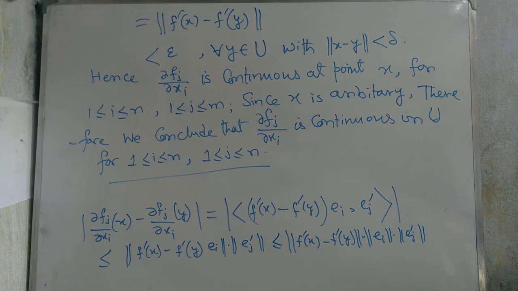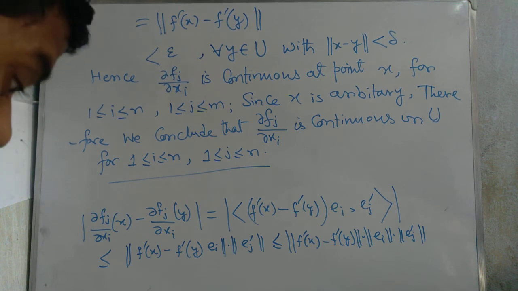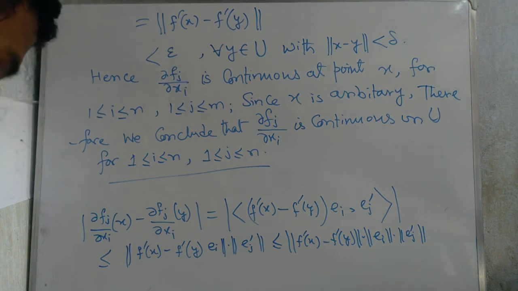Let epsilon greater than 0 be given. Since f' is continuous at x, we have the norm of f'(x) minus f'(y) less than epsilon for all y belonging to U with norm of x minus y less than delta.